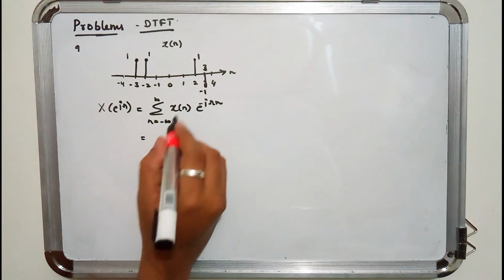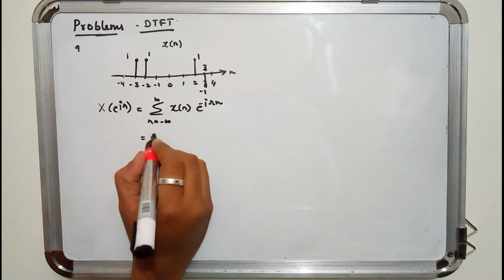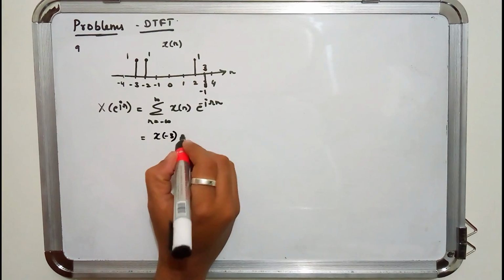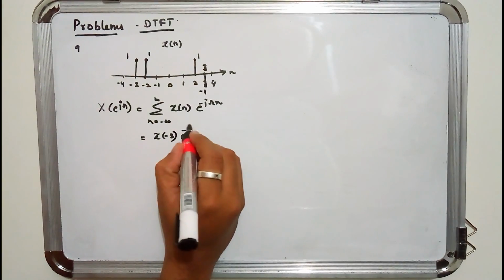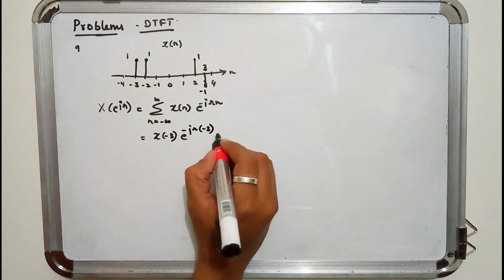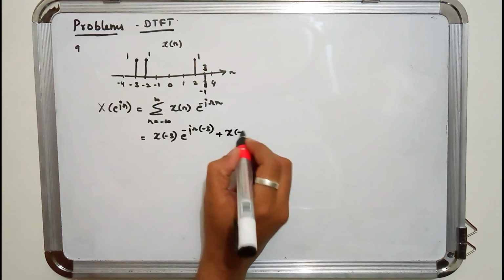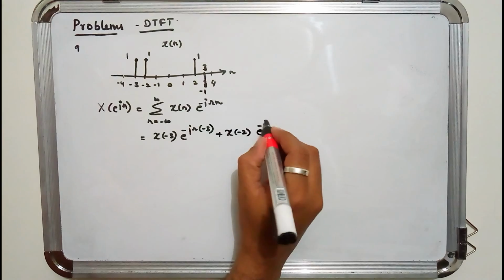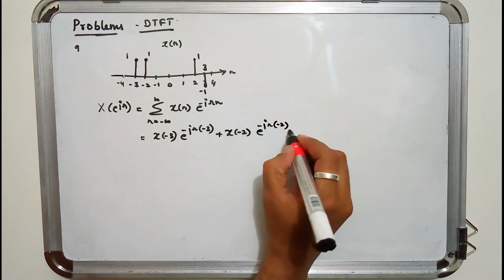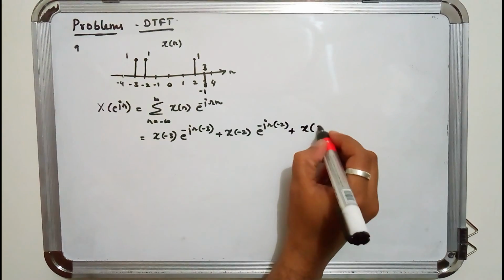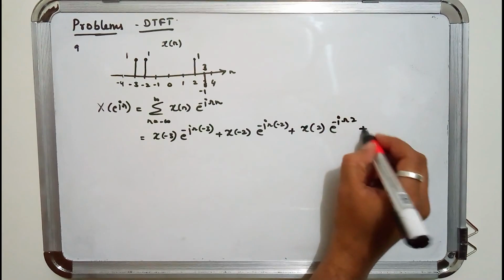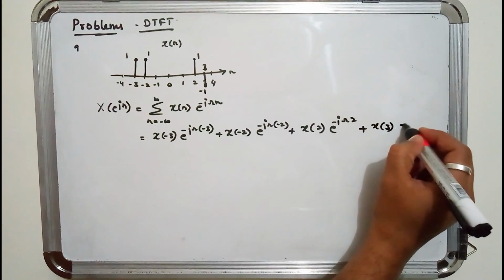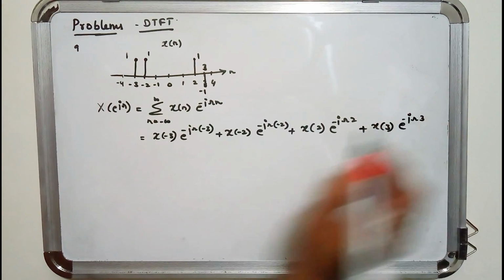So my summation would be x of minus 3 into e power minus j omega into minus 3, plus x of minus 2 into e power minus j omega into minus 2, plus x of 2 e power minus j omega into 2, plus x of 3 e power minus j omega into 3.